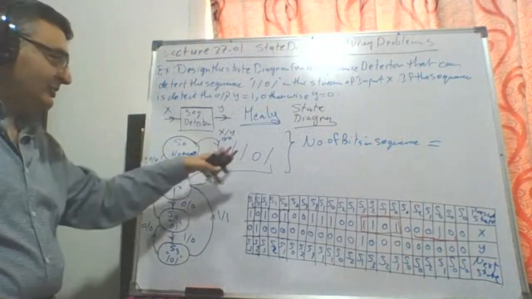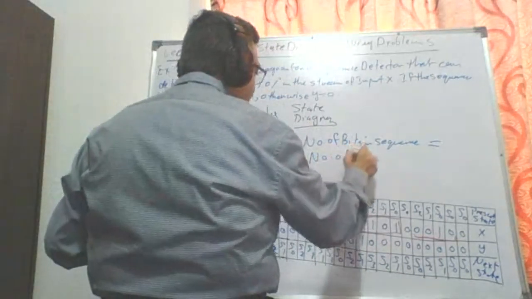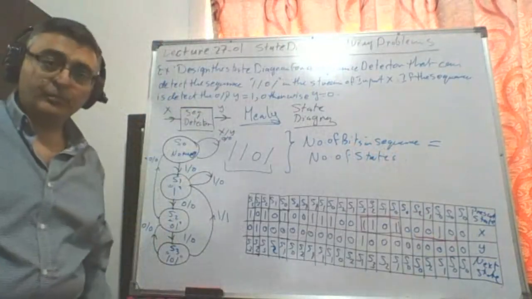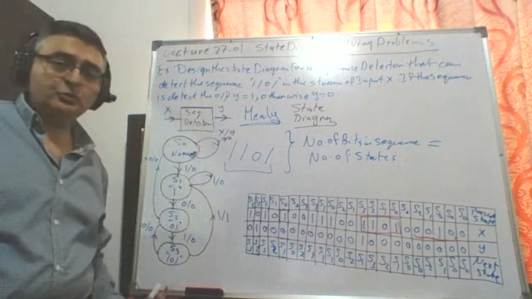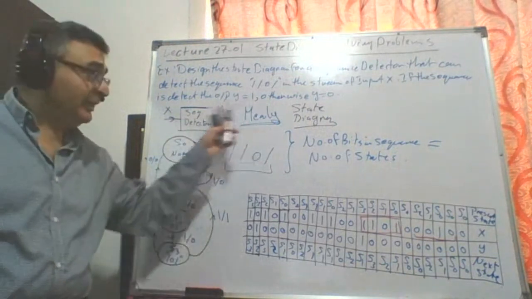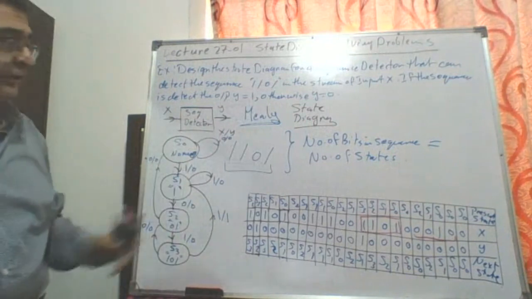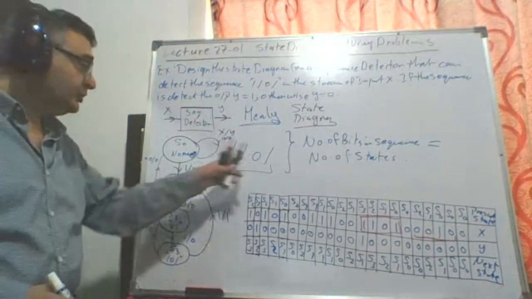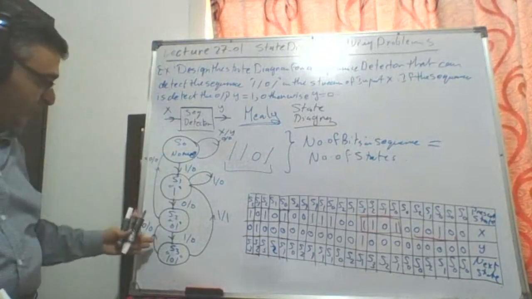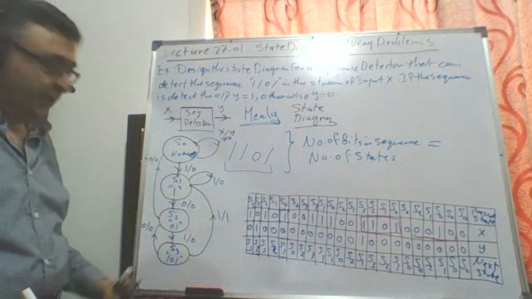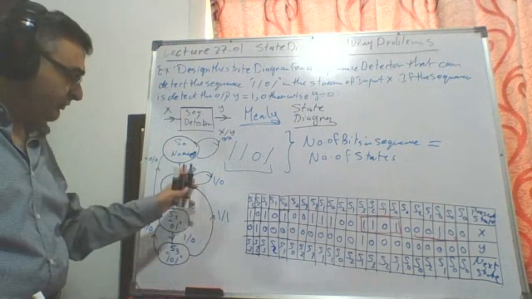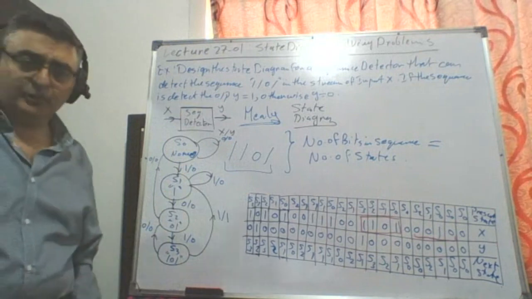The number of bits of the sequence equals the number of states. This is kind of a hint for these simple sequence detector problems. The number of states using Mealy equals the number of bits in the sequence, because each state keeps track of one history: no history, 1-bit history, 2-bit history, 3-bit history. After the 3-bit history, you will either achieve or not achieve. Make sense?